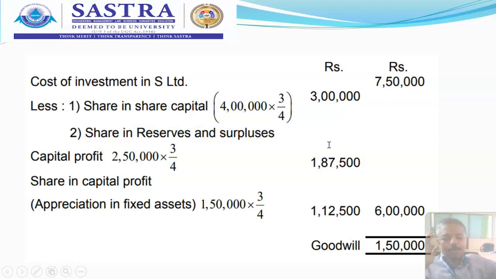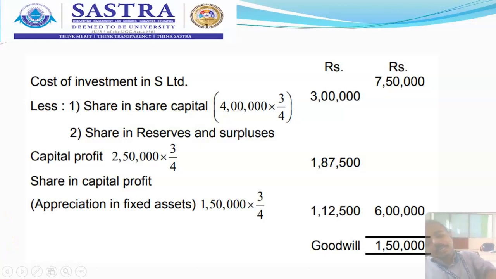So now you are able to understand what is cost of control, what is goodwill, and when the capital reserve arises. Capital reserve used to be posted in liabilities, goodwill used to be posted in assets. How to adjust the existing goodwill. All these things we have seen in this particular session.